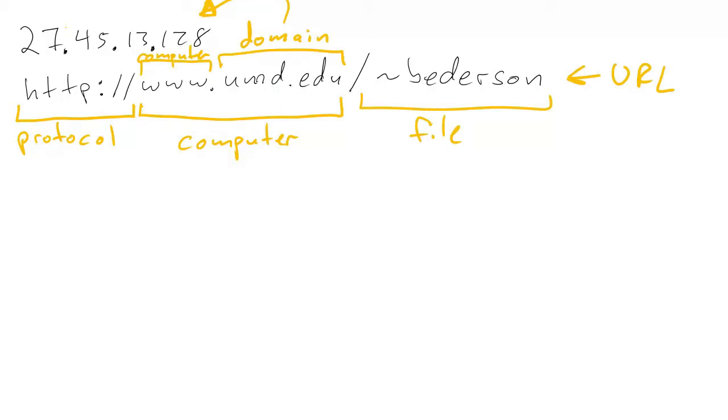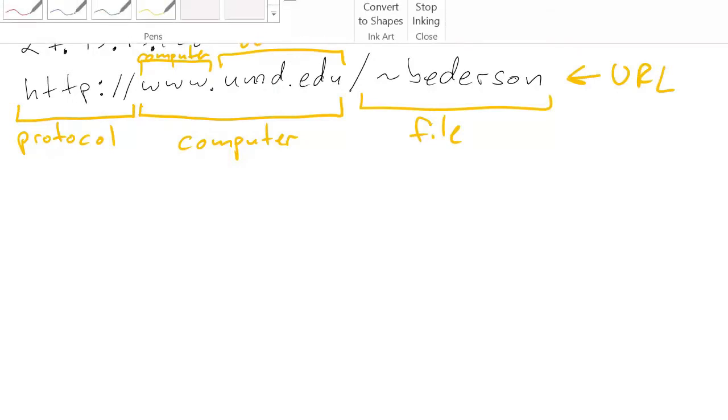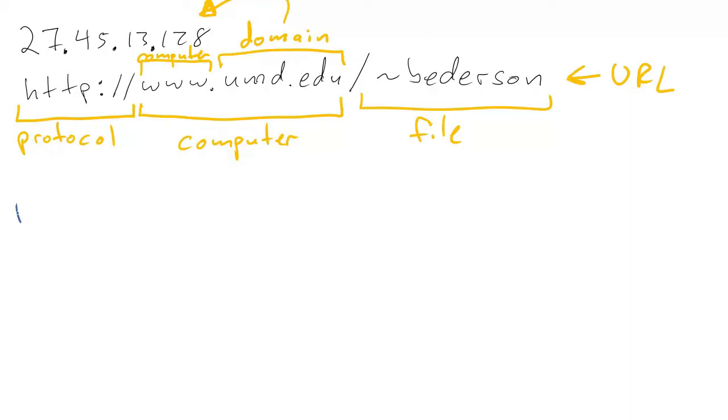So there is a service called DNS, Domain Name Service, that translates domains, computers and domains, into IP addresses. And there are actually readily available services that freely do this.